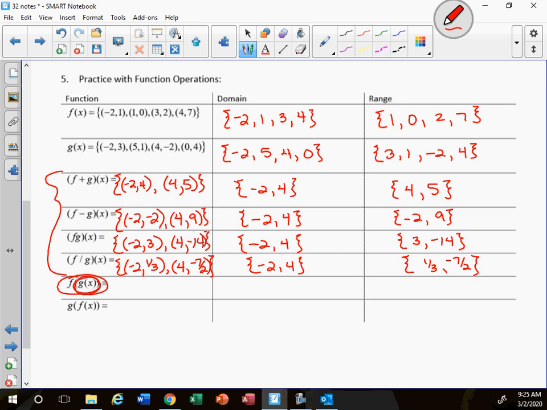Do that again, okay? All right, so I go to the second point in g of x. 5 gives me 1. Does 1 give me something in the other function? Yeah, what does 1 give me? So what's my point? Not literally what's my point, but what's the point? 5, 0.